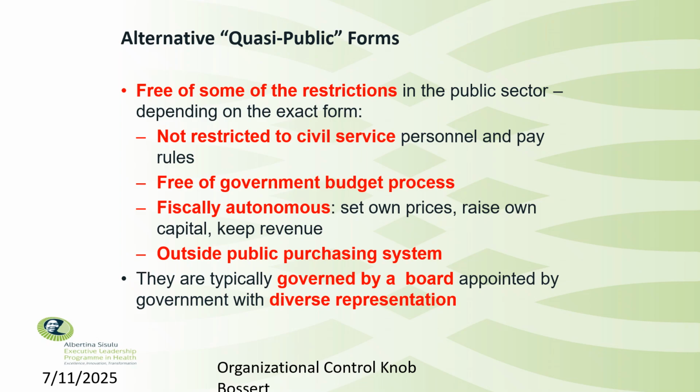You can try and establish an external public purchasing system, right, to maximize economies of scale and get the best price. And if you're looking at such quasi-public structures, these are typically governed by a board appointed by government but with diverse representation across all the different sectors in a country.